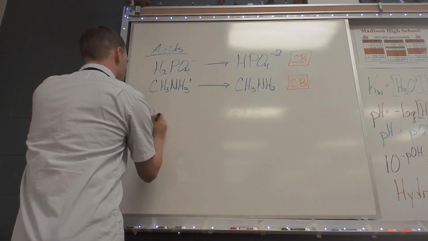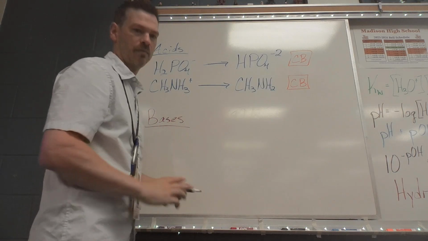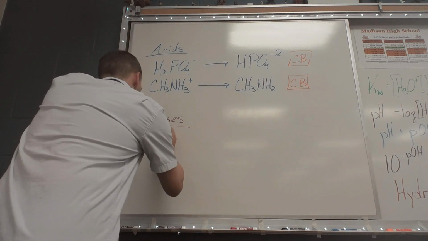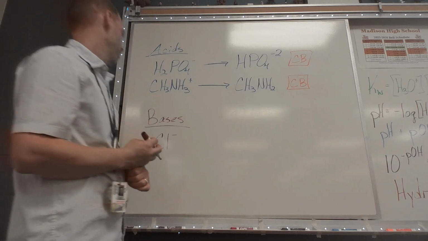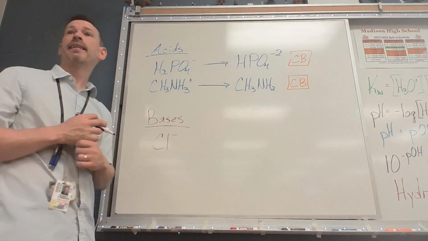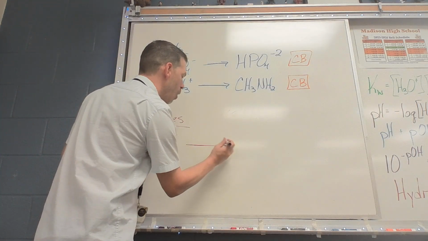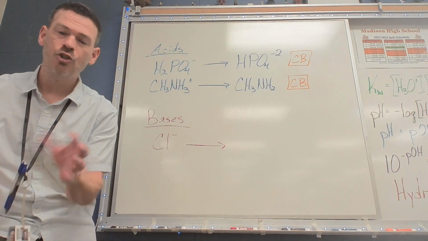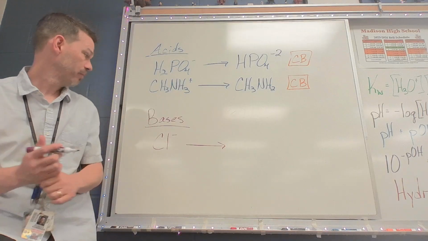All right, let's switch over to bases. Starting with Cl minus. All right, not an Arrhenius base. No OH there. But anyway, we know that Bronsted-Lowry bases accept the proton. So we want to give it an H+.